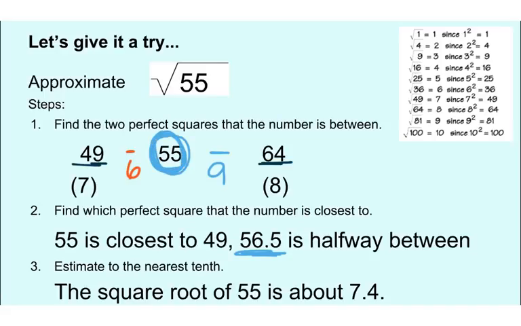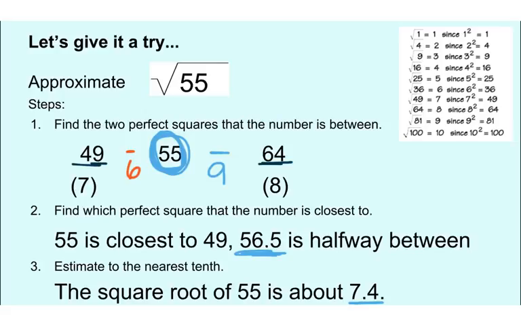Okay, so I'm going to estimate it to be 7.4. So the square root of 55 is about 7.4. I can check that on my calculator, and when I do that, I type in 55, I use the square root button, and I find that the square root of 55 is actually 7.416198 and so on.